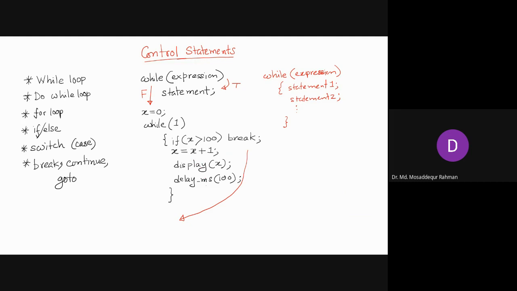It will go out of this, and whatever statement is next, it will execute that statement. So it will display numbers 1 to 100, and then x will exceed 100 and it says break. So it will stop executing this while loop and go out of this control loop. Okay.